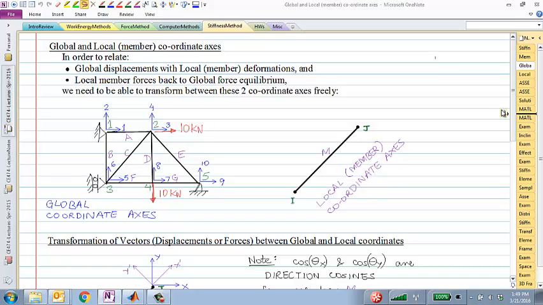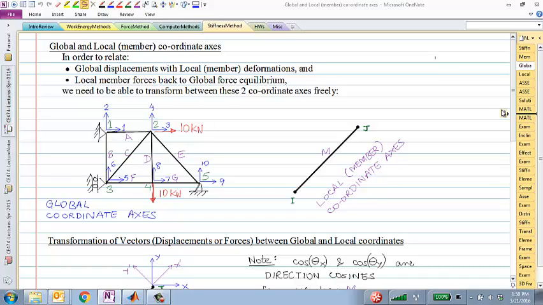So if I have a truss member oriented at a 45-degree angle, then if I extend it along that axis, I will need to apply internal forces to the truss member, right?